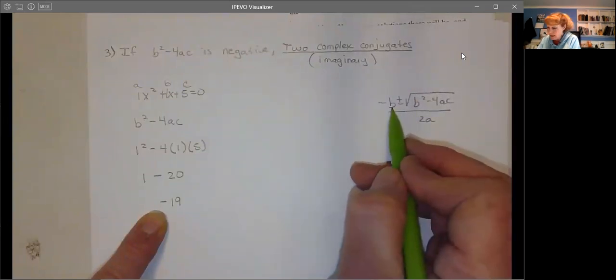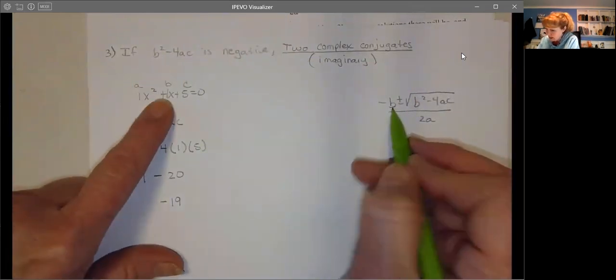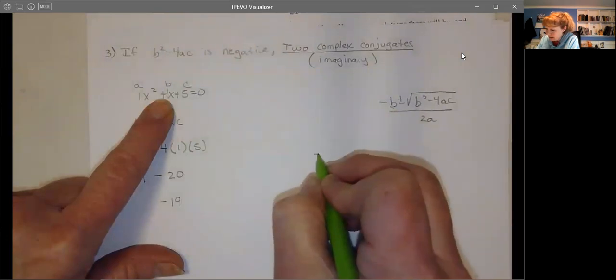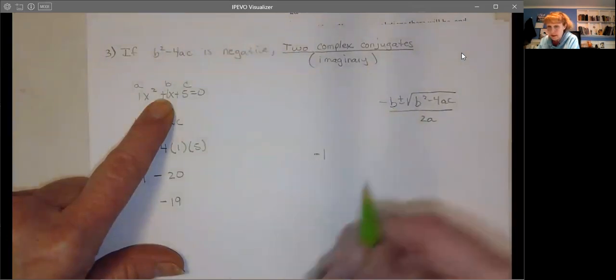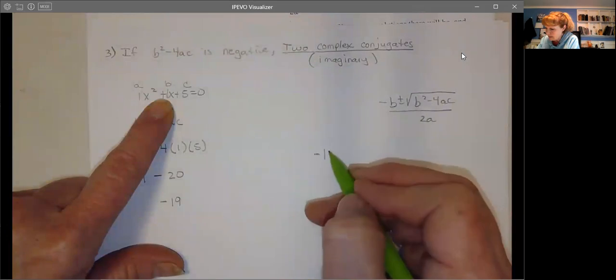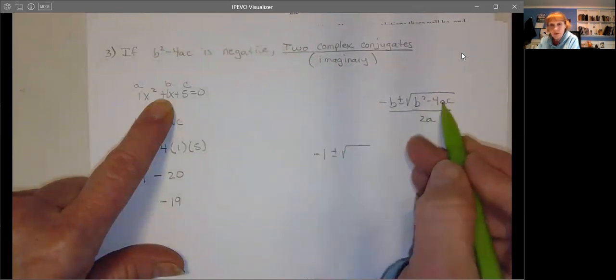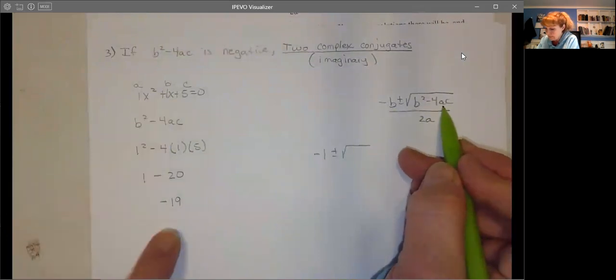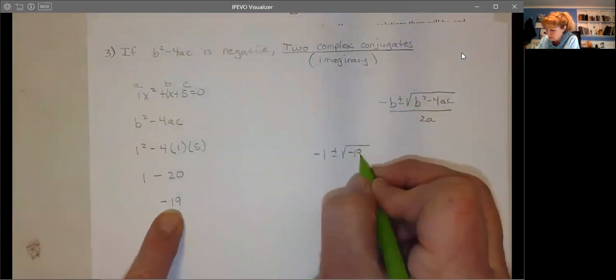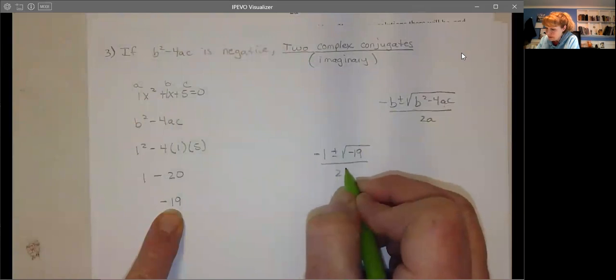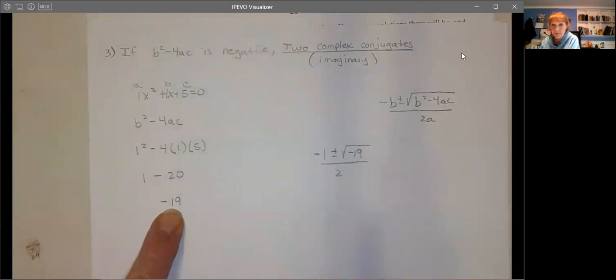We take the opposite of b, which is a -1, because the b is positive. We found out what the b squared minus 4ac is, it's a negative 19, all over 2 times 1, which is 2.